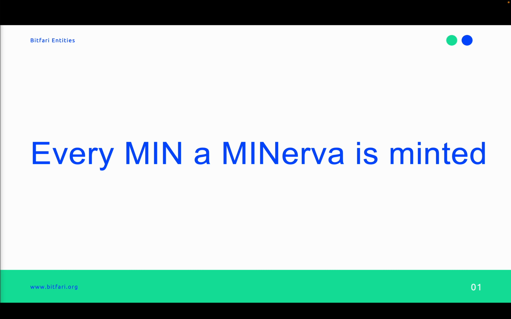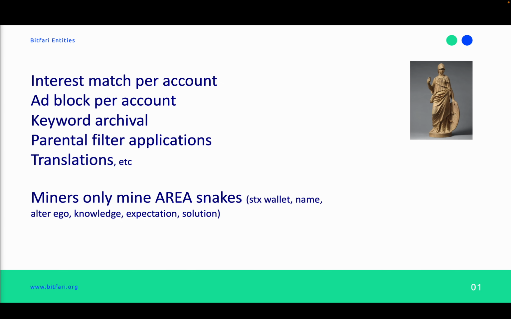So every minute Minerva is minted. It's like an interstitial token, and this token is matching interest of accounts. It's matching if we want to do a parental filter, if somebody wants a translation.